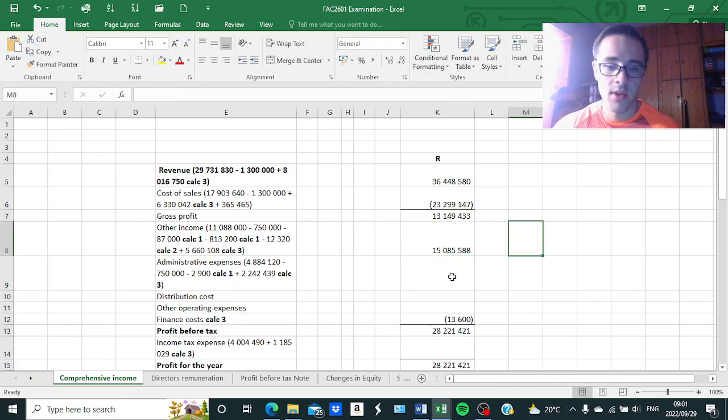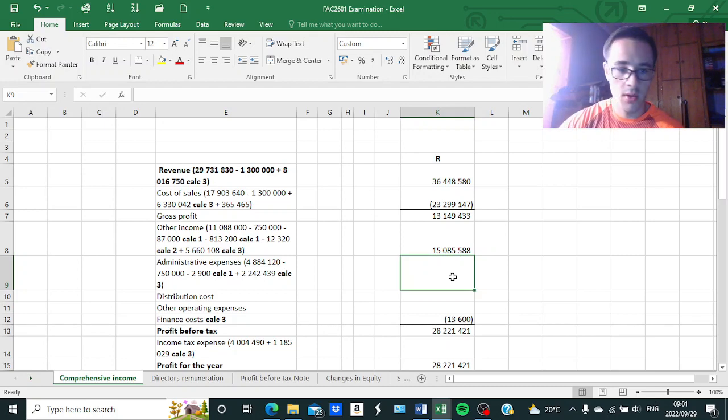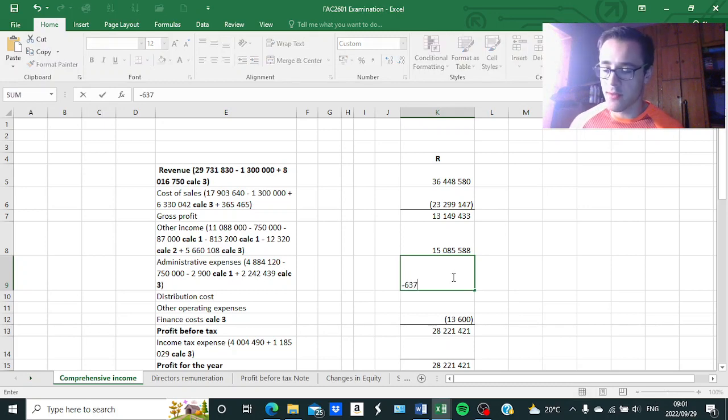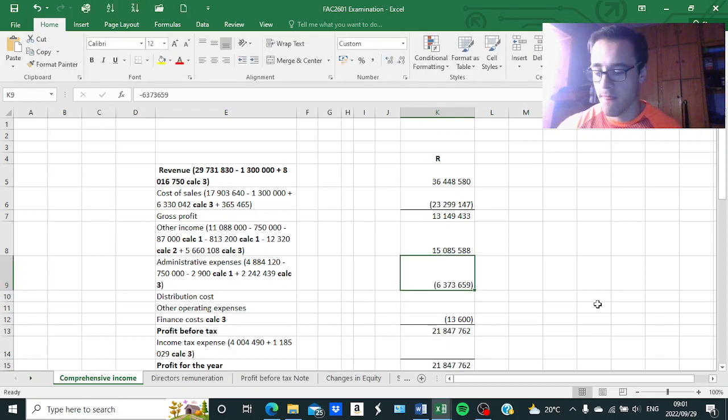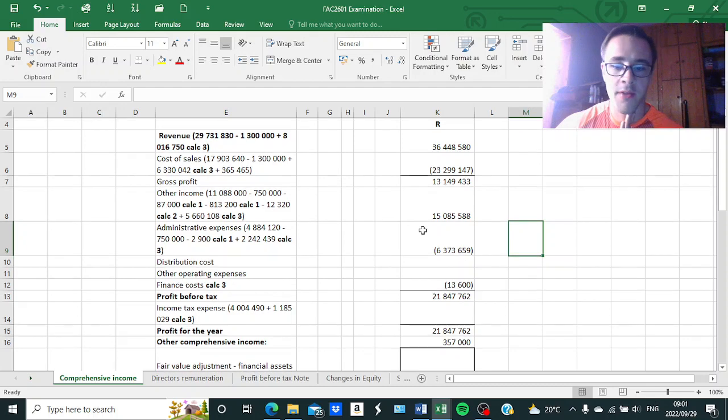Your administrative expenses, you should arrive at an amount of 6,373,659. That is the amount for administrative expenses for the group. We have already accounted for finance costs.